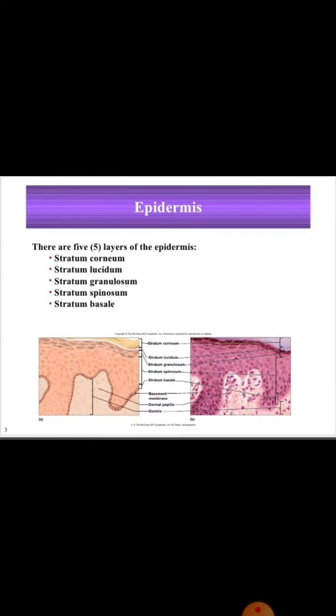The next layer is, that is epidermis. Epidermis further has 5 layers, that is stratum corneum, then stratum lucidum, then stratum granulosum, then stratum spinosum, and the stratum basale. These are the 5 layers of epidermis.